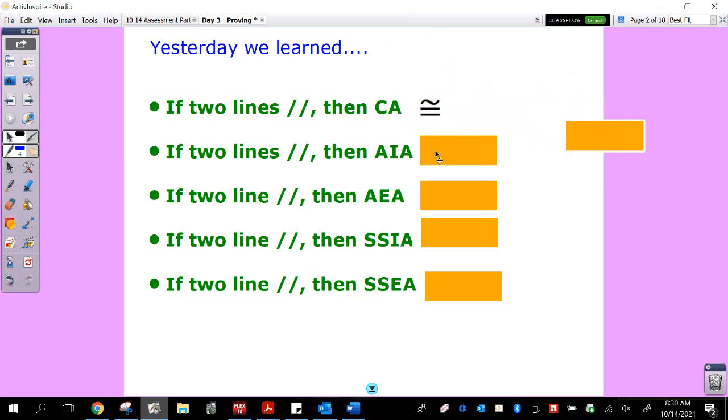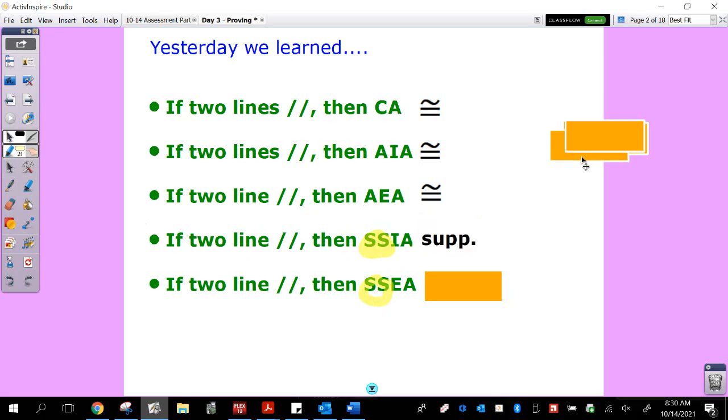Congruent. What about AIA? Congruent. What about AEA? What about SSIA? Supplementary. What is SSEA? Supplementary.